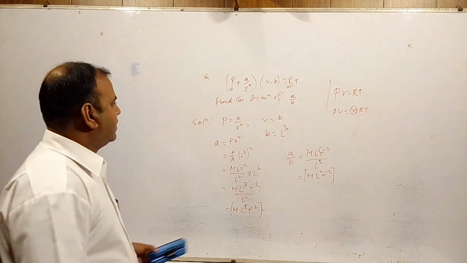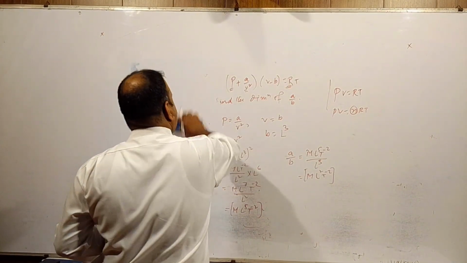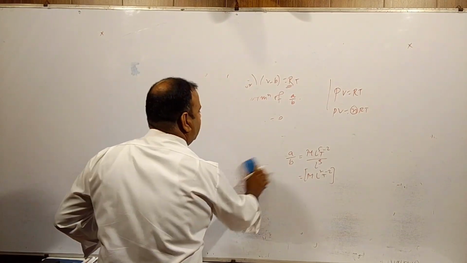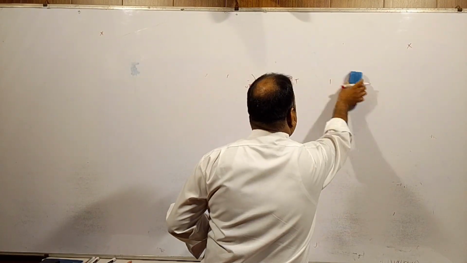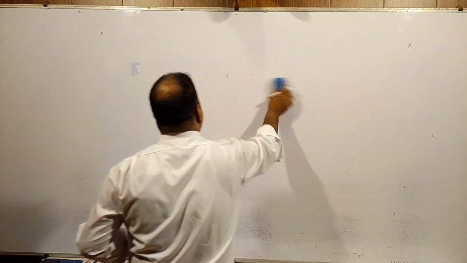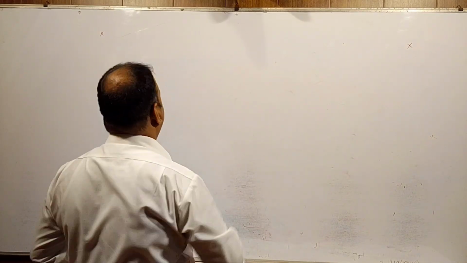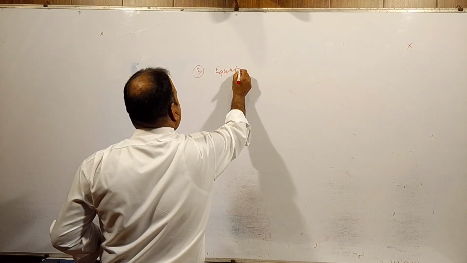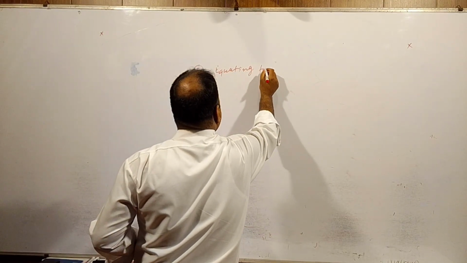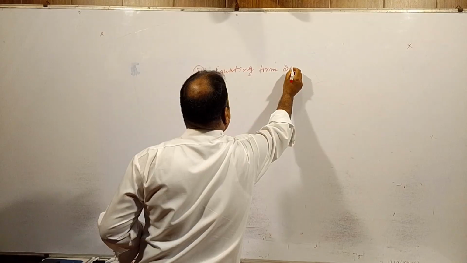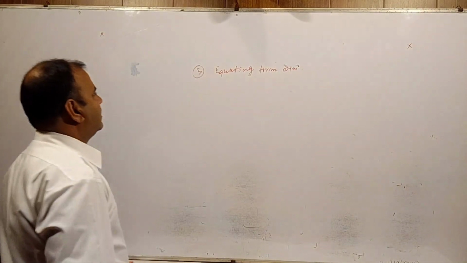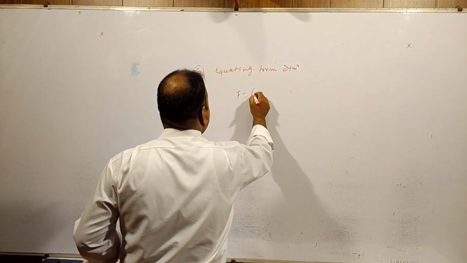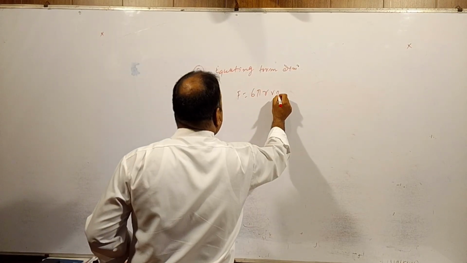So last, third number, I told you that there are 3 types of dimensions. The third will be equating form dimension. Suppose you are given F is equal to 6 pi R^alpha B^beta eta^gamma.